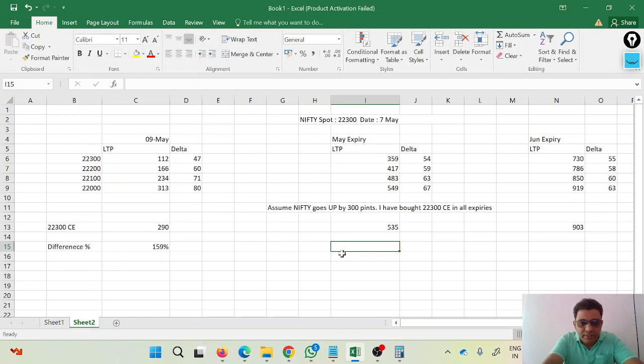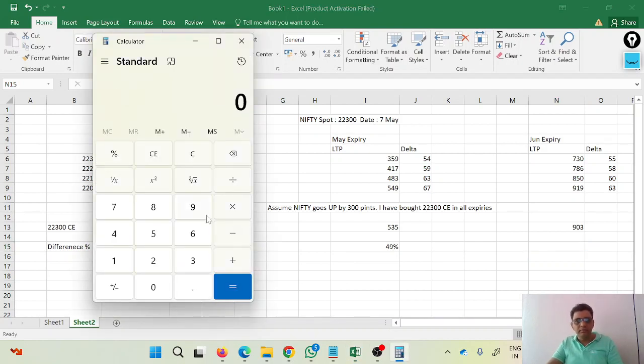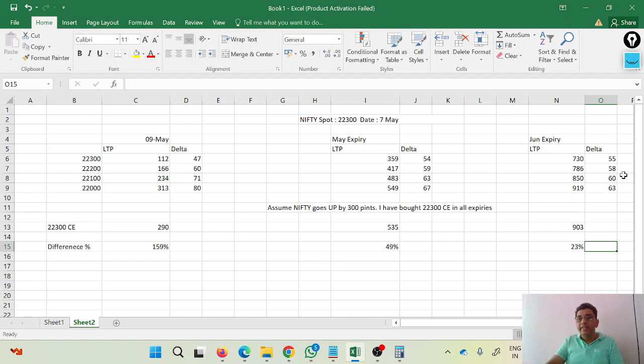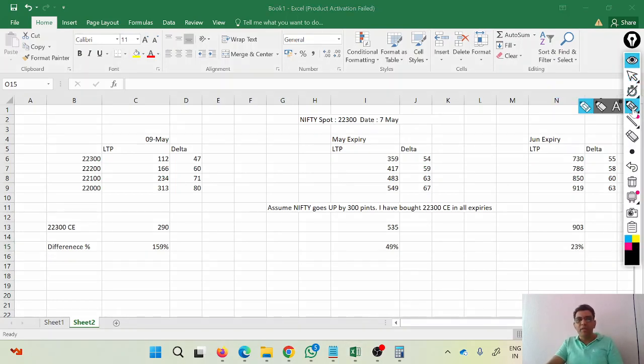And if you look at this last number, 903 minus 730, the price at which I bought, divided by 730, because that was my buying price, multiplied by 100. This is close to 23%.